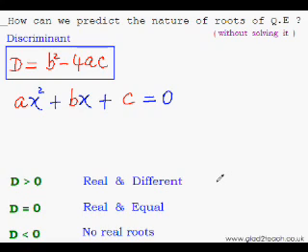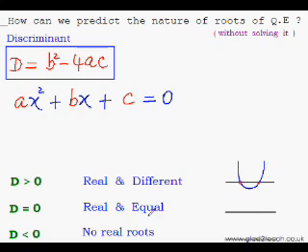We can even predict the shape of the graph of that equation without solving it. Since the roots would be different, its graph would cut the x-axis at two different places. See, the graph of a quadratic equation is always parabolic, that is U-shaped, and since the values of the roots are different, therefore it is cutting the x-axis at two different points.